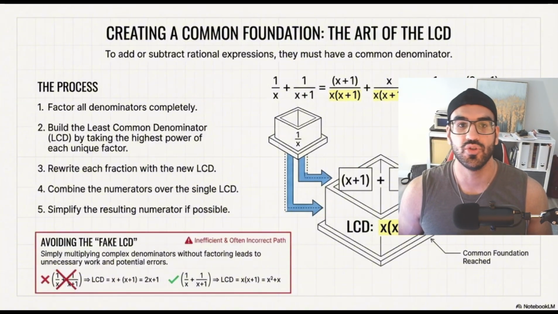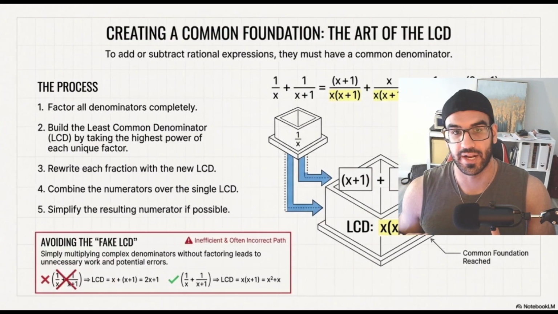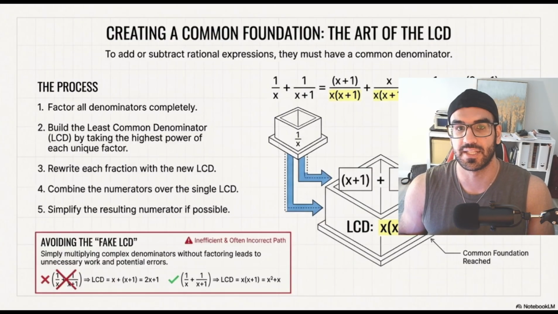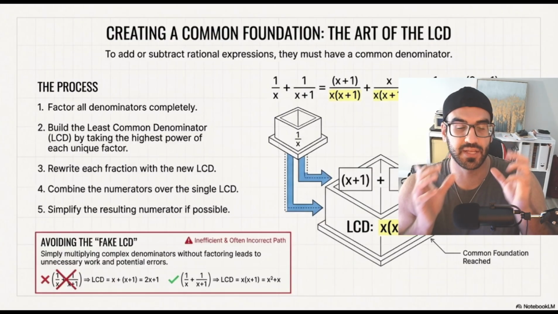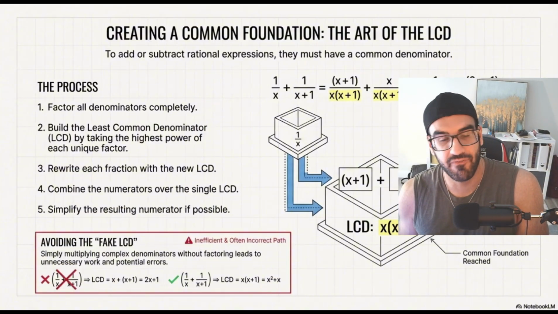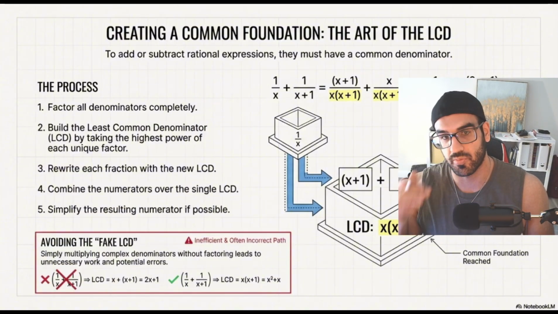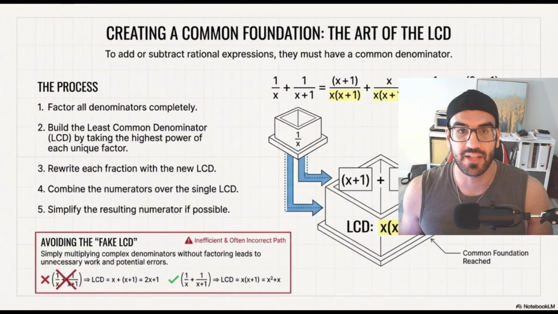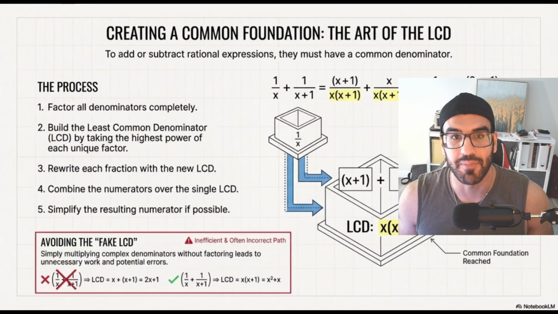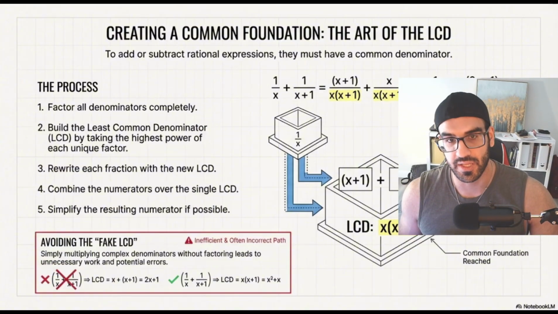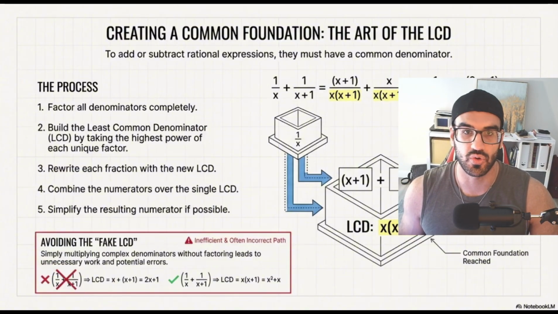Then we write down our next fraction in LCD form. Then we have to multiply the numerator by the same value, because we want to make sure we're not losing any balance. So let me explain step by step, and after that we're going to solve an example.